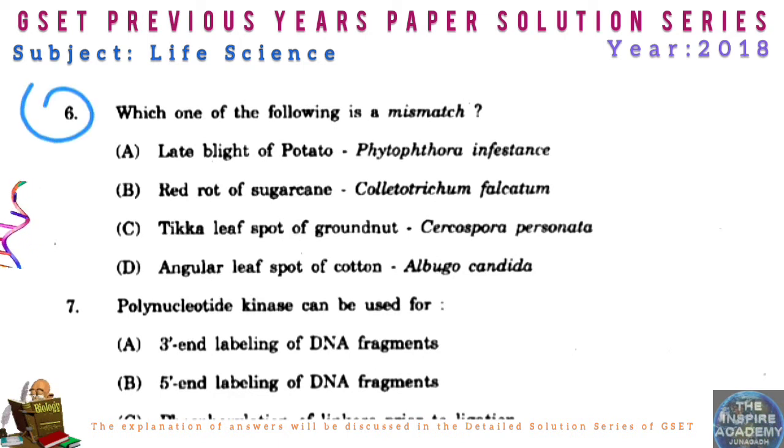Which one of the following is a mismatch? So from the options given below, option D is a mismatch. Angular leaf spot of cotton is a mismatch for Albugo candida.